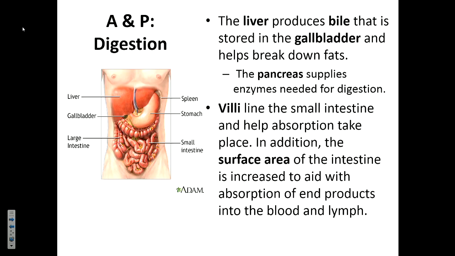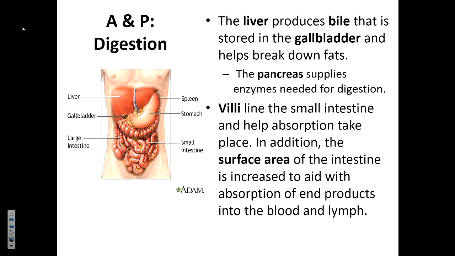All right. And then the liver is going to be an accessory organ in the system. The liver's function in digestion is to produce the bile, and the gallbladder and the bile are going to help to break down the fats. Your pancreas is going to help supply those enzymes that I was talking about to help the chemical digestion happen.